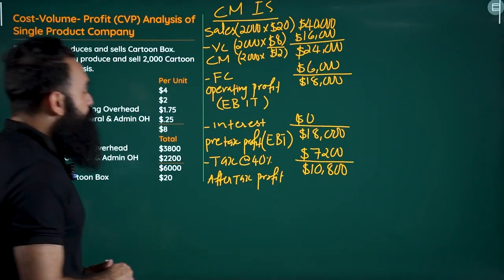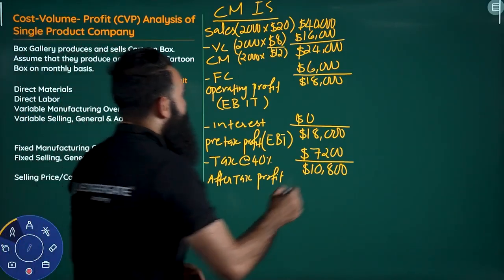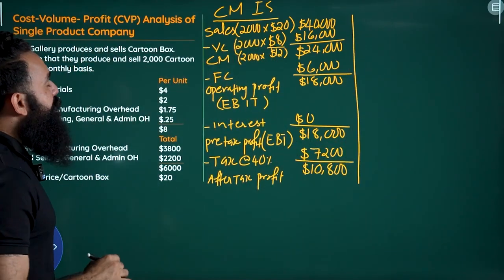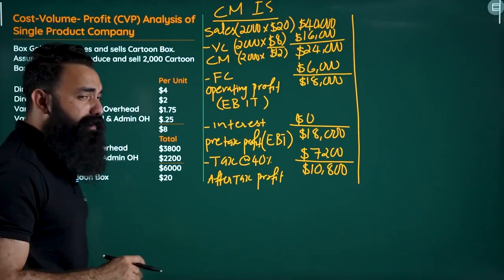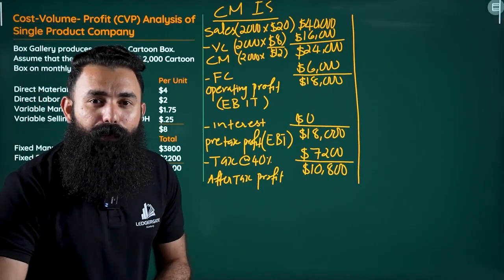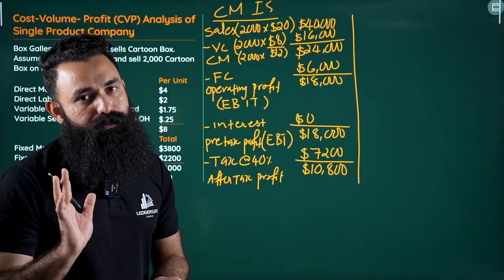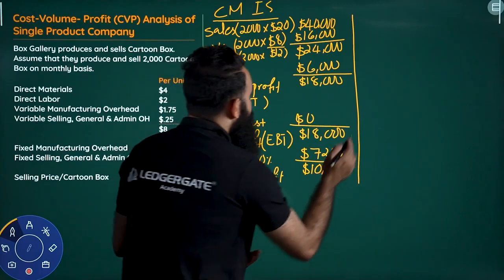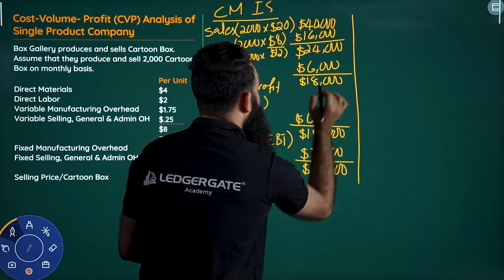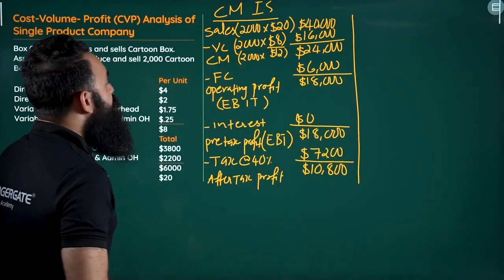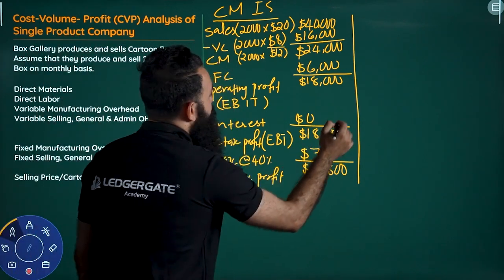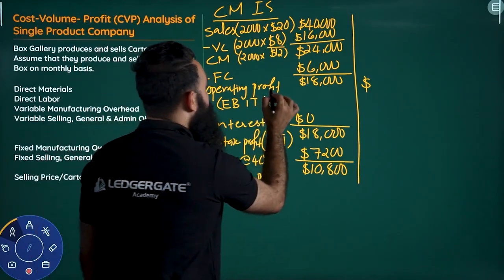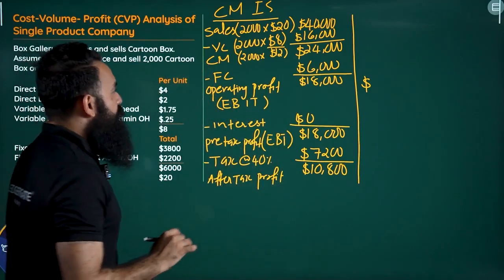Okay. Now, what is break-even analysis? That's what we are looking for. Break-even means it's a point where there is no profit or no loss. In short, from here onwards, we call this profit pre-tax profit as well.